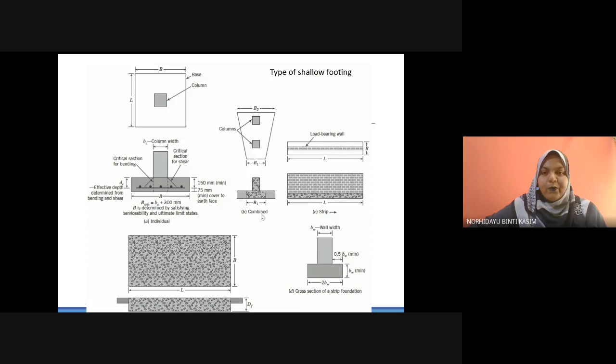And then we have combined footing, where we have columns close to each other, so we can combine the foundation.